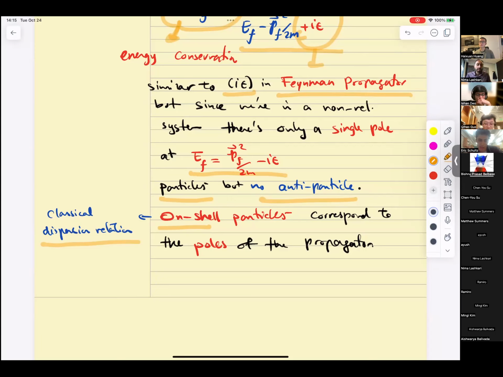Okay, so there are a few comments. Poles that are on real momenta have to do with on-shell conditions for particles. Poles that are off of the real axis are resonances. That's all I'm going to say.